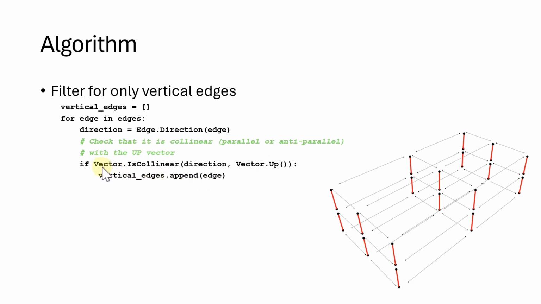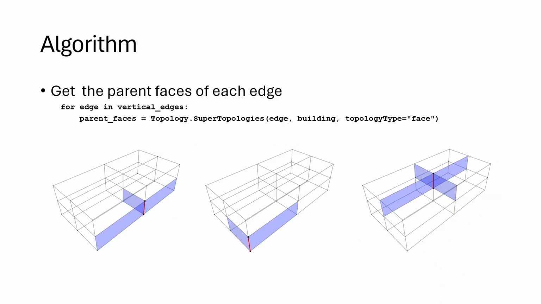And we have something called vector.isCollinear that checks whether these two directions are collinear. And it doesn't matter if they are in the same direction or completely opposite direction, like 180 degrees. As long as they are collinear, it will give us a true value. And if that is the case, I save the edge in the list of vertical edges. So as you can see here highlighted in red, these are all your edges.